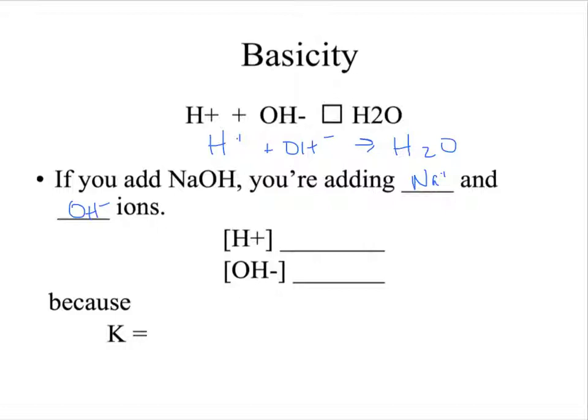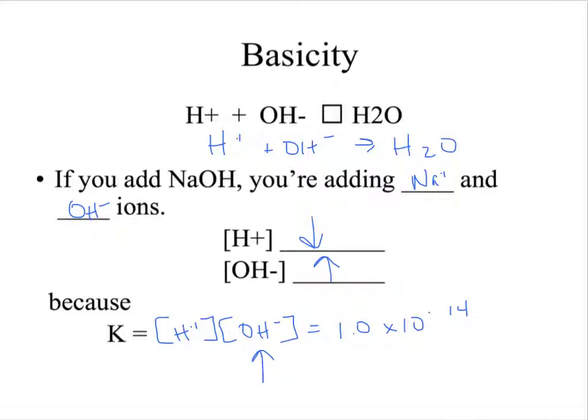We have hydroxide ions that are dumped into this system, so there's a lot more hydroxide. And as those hydroxide ions react with the H plus ions, we produce more water. So the concentration of H plus goes down. Again, I remind you that H plus concentration times hydroxide ion concentration equals a constant number, and that number doesn't change. So if hydroxide ions go up, if that concentration increases, concentration of H plus decreases.